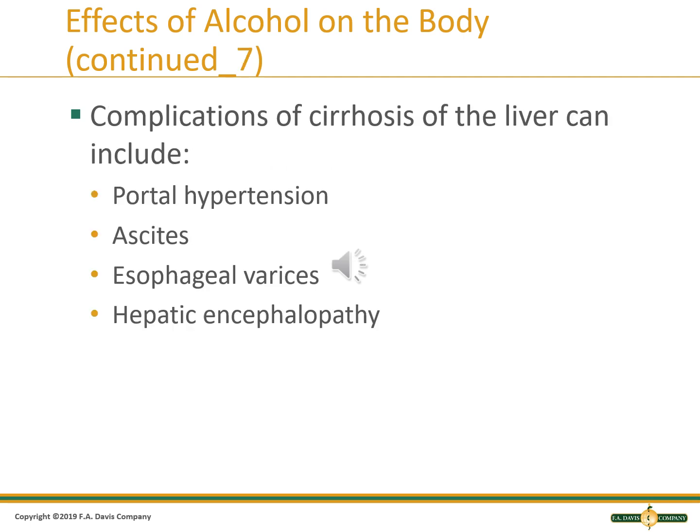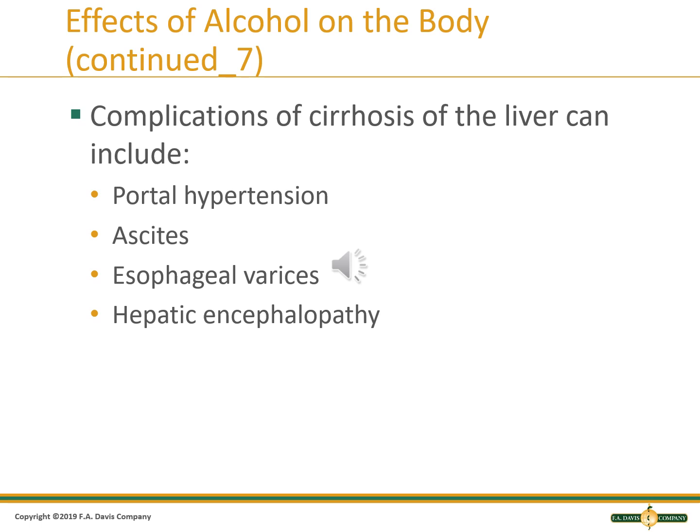Here are some complications related to cirrhosis of the liver due to alcohol. Portal hypertension is elevated blood pressure in your portal circulation due to the diseased liver. Then you have ascites, which is accumulation of fluid in your abdominal cavity, also a response to the portal hypertension.